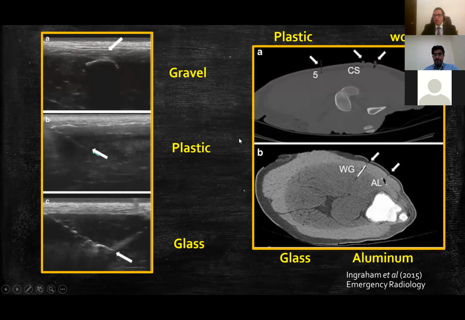CT is really good, and here you can see all foreign bodies are obvious, either the foreign body itself or the tract or the effect. Glass and aluminum were beautifully shown on CT scan.